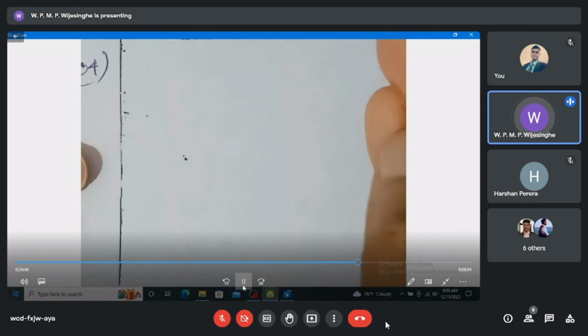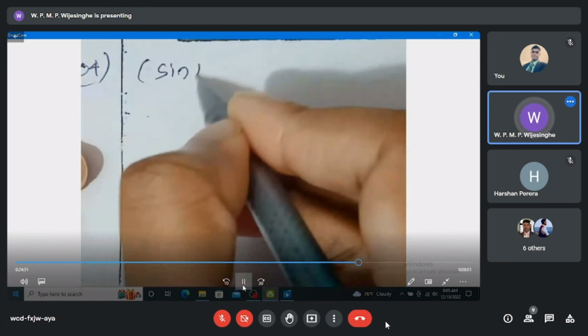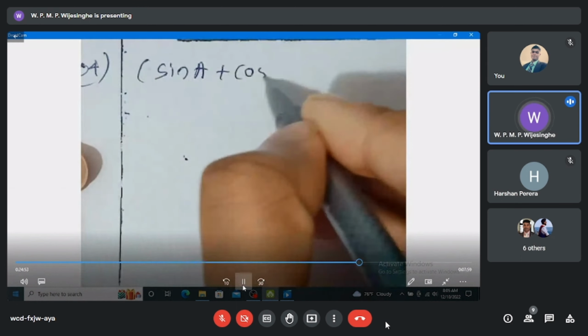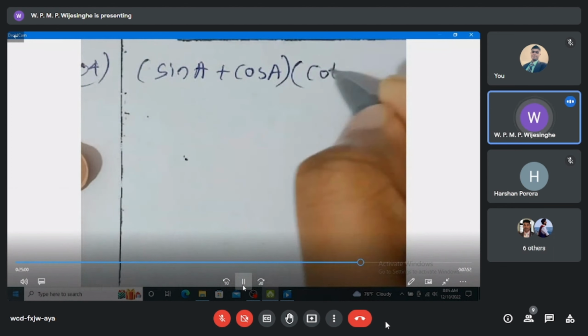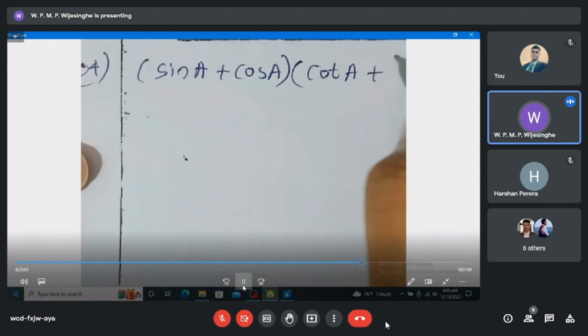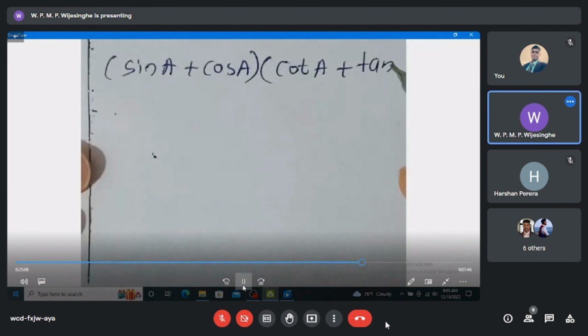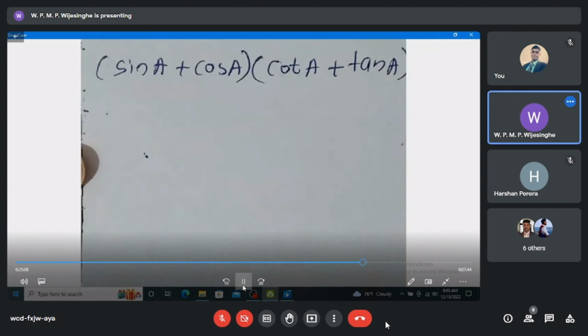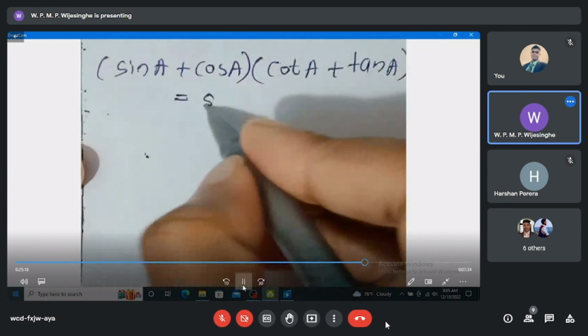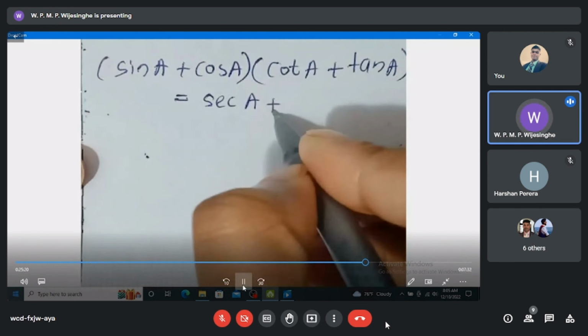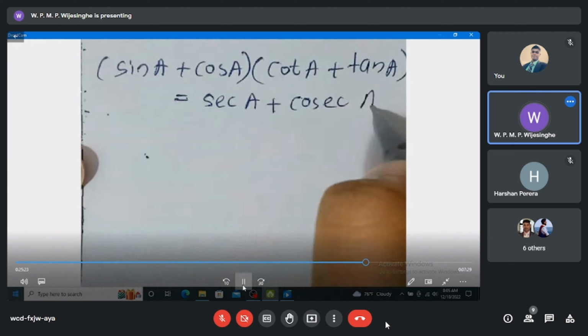Then you have given sin A plus cos A times cot A plus tan A. You should show that this left hand side is equal to sec A plus cosec A.